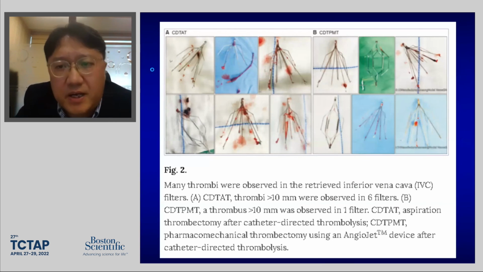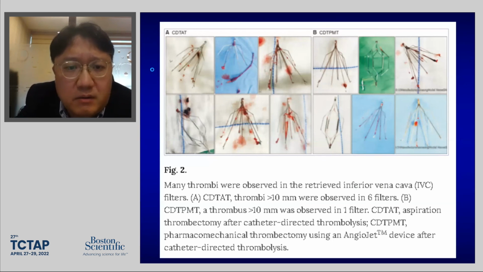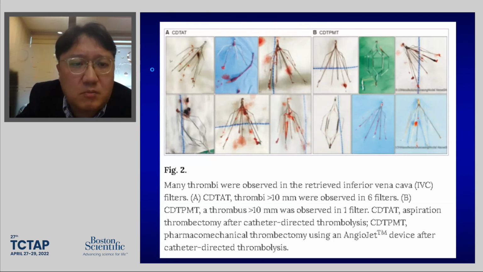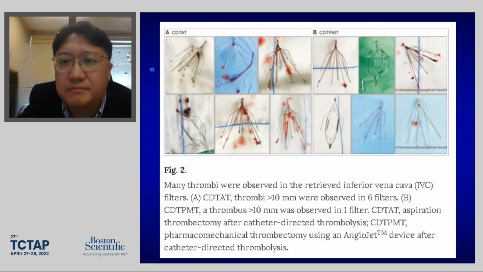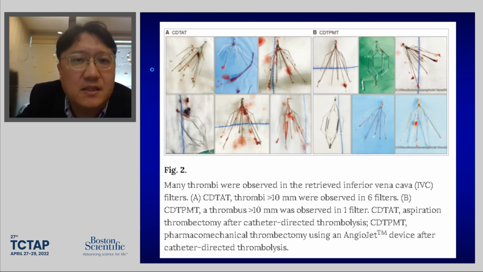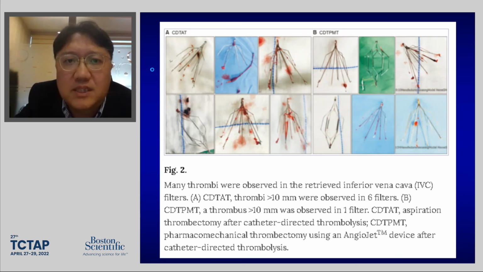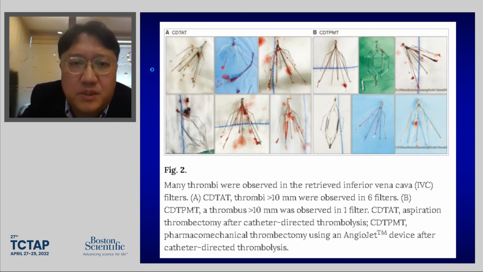This slide is very interesting. Many thrombi were observed in the retrieved inferior vena cava filters. Residual filter thrombi more than 10 millimeters were found in 6 filters in the CDT-AT group, but in the CDT-PMT AngioJet group, just 1 filter had thrombus more than 10 millimeters.